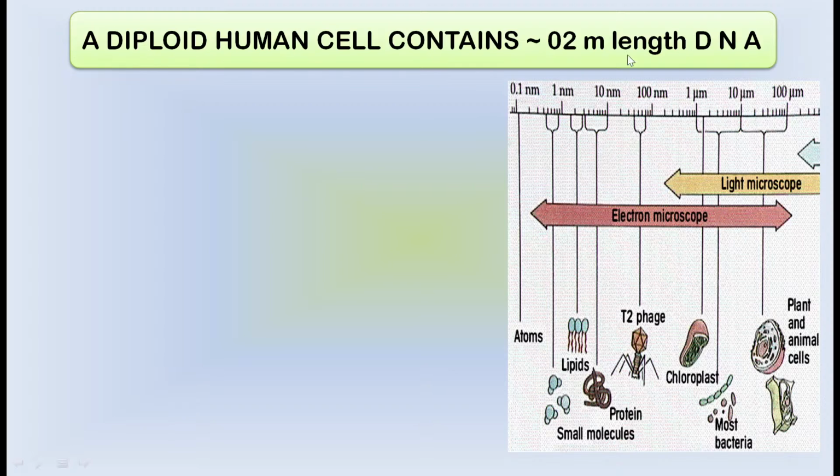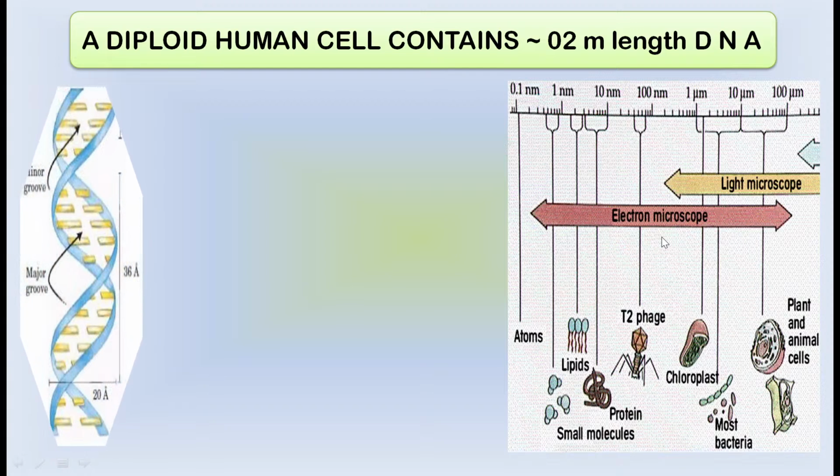The approximate size of a plant or animal cell, like the human cell, is 100 microns, but in its nucleus there is 2 meters length of DNA present. How is it possible? We can derive the length by using this.